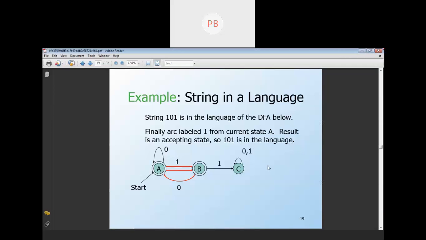Can anyone define a string satisfying this condition? Yes, 100. Anyone else? 1000.